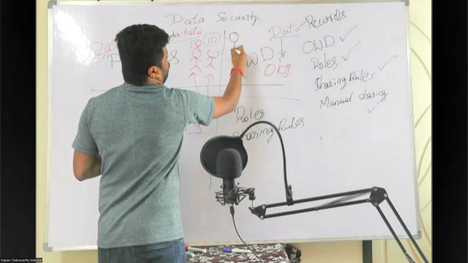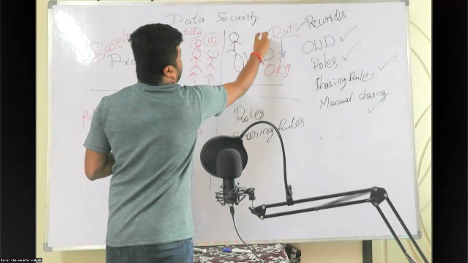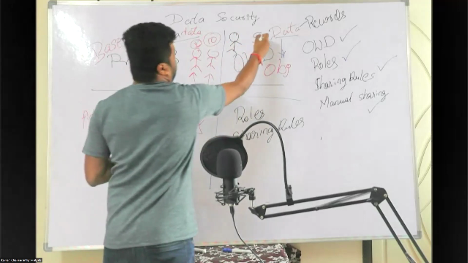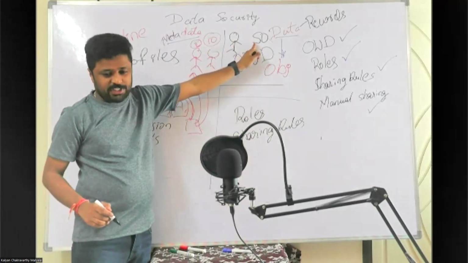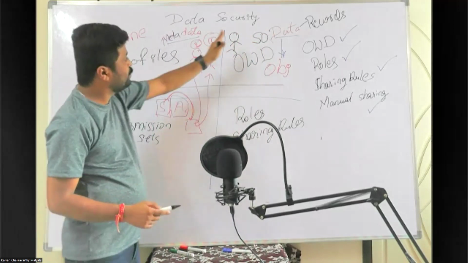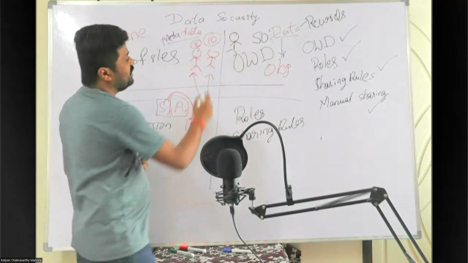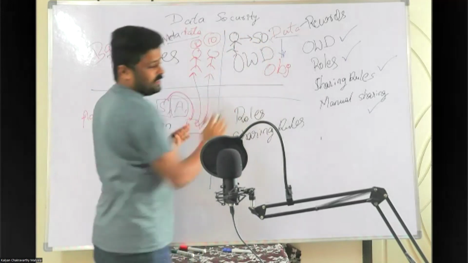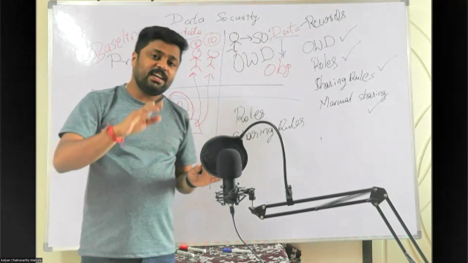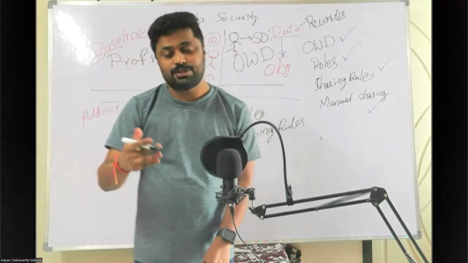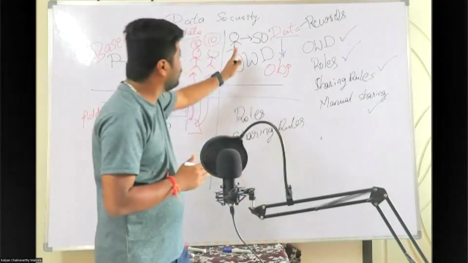There is a student user, then there is a student object. Now, this student user should see the student object. That's fine. But he should not see the student records. He should see the student object.